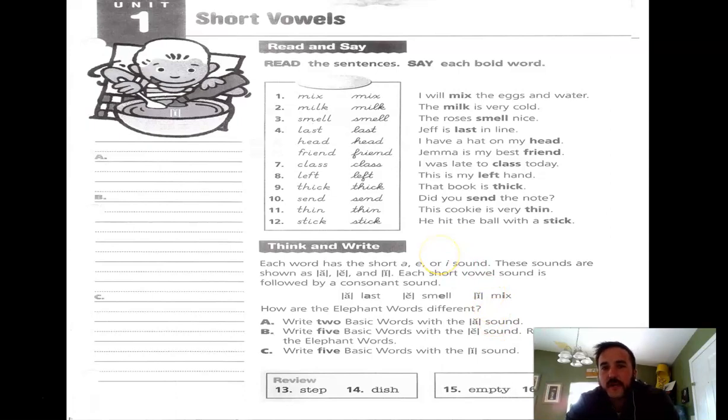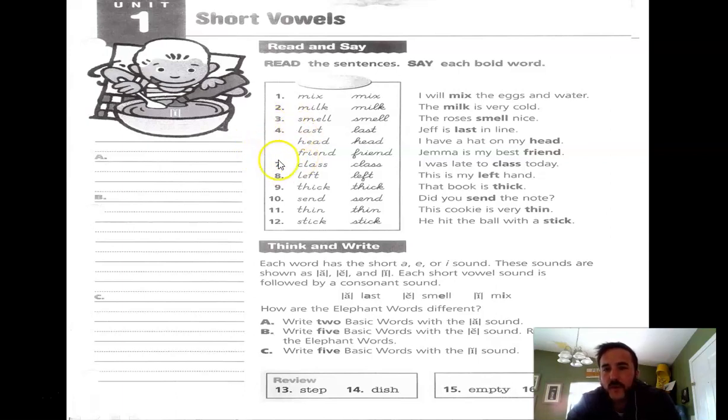You're going to be looking at those words to find the short A sound. Now, section B right here is to look at the 5 basic words with the short E sound. It says, remember the elephant words. Those are here. They're really hard to see in this sheet, but on your paper packet you can see it.